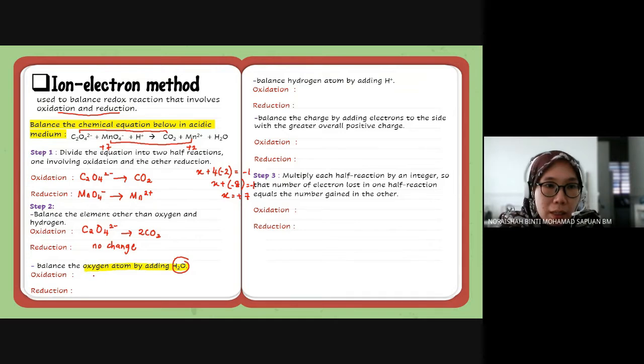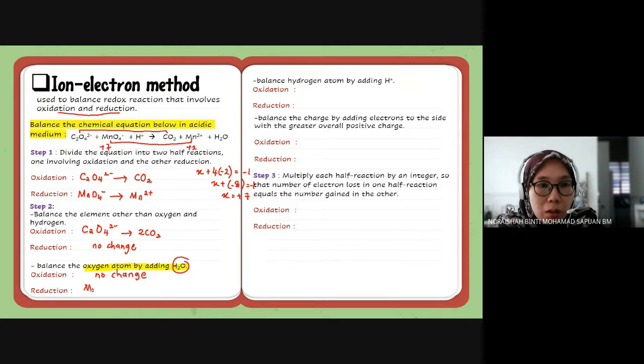So maintain lah, no change. Untuk reduction sebelah kiri ada 4 oksigen, sebelah kanan tak ada oksigen. So you need to add water at the right side.